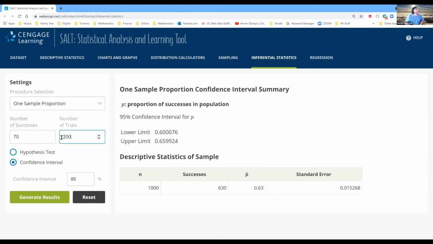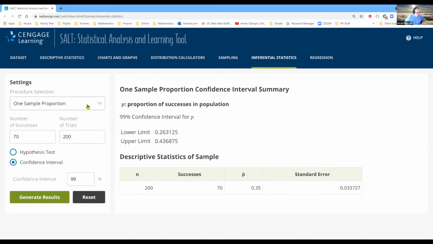Find 35% of 200 and you get 70. 70 out of 200. Right, now, the confidence interval that we did was 99, wasn't it? And then just generate the results. And they have 263 and I had 262, and they have 437 and I had 438. You see, it's pretty much the same numbers, little wiggle room at the end caused by rounding off.